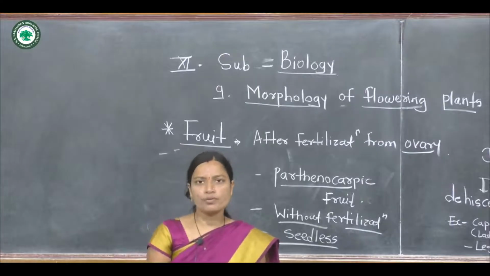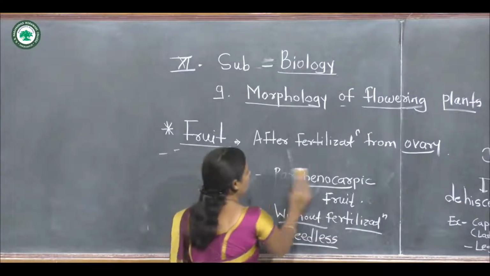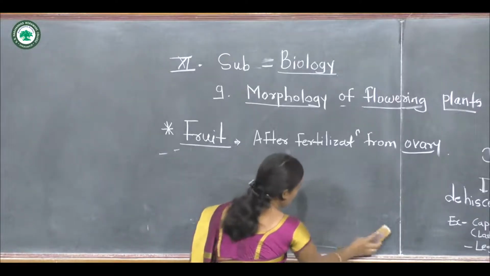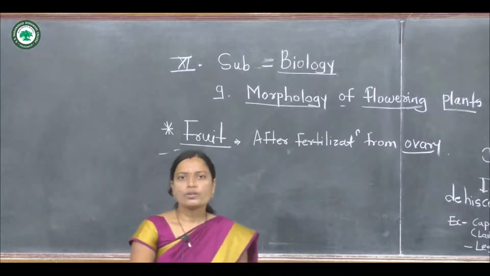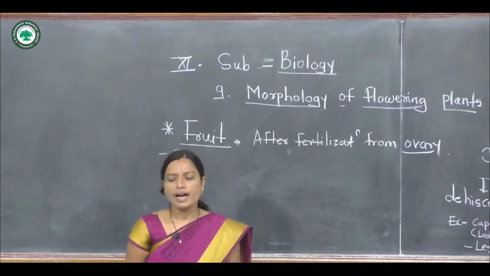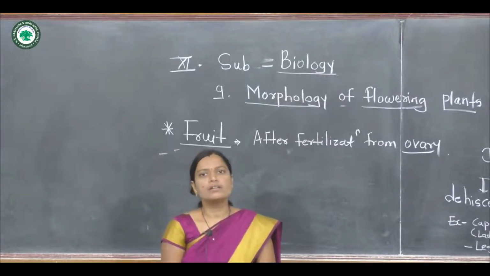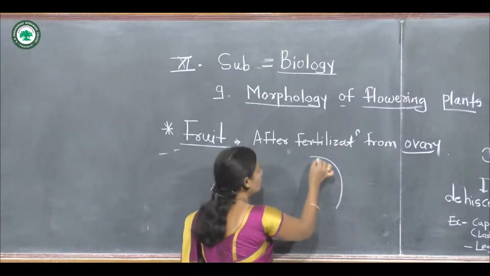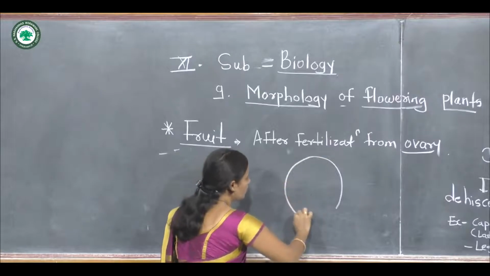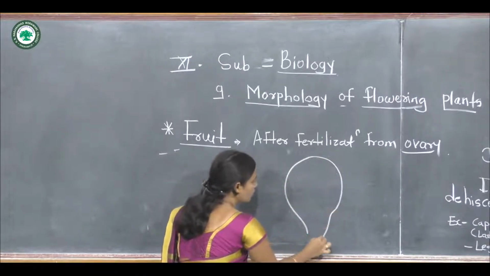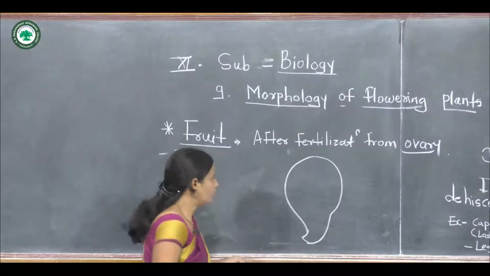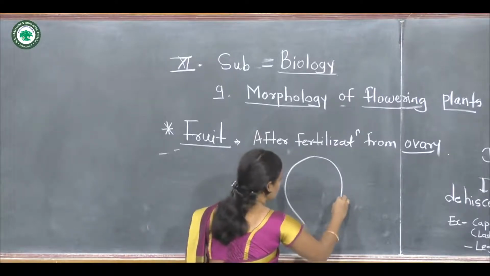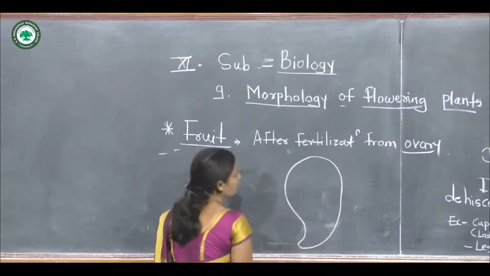Now the structure of fruits. For example, in mango, the fruit is developed from the ovary. The fruit is divided into three parts.